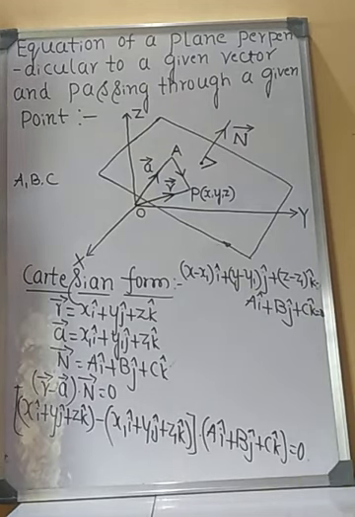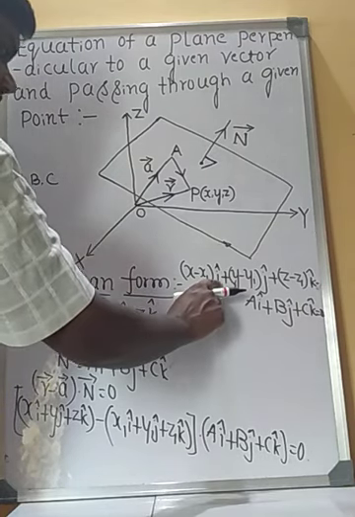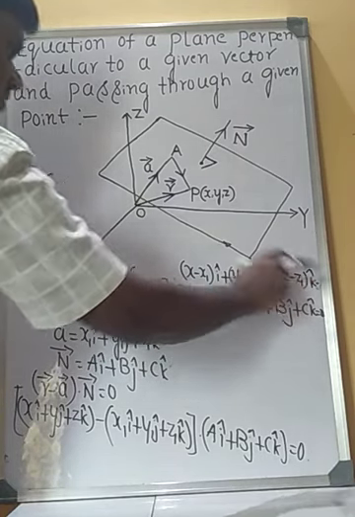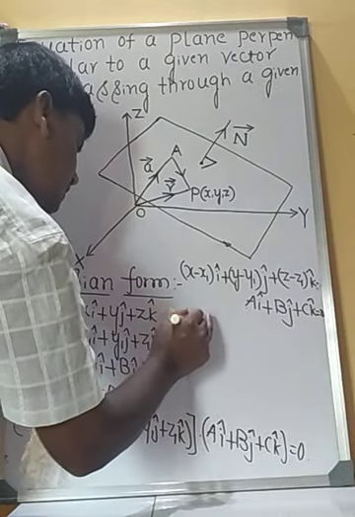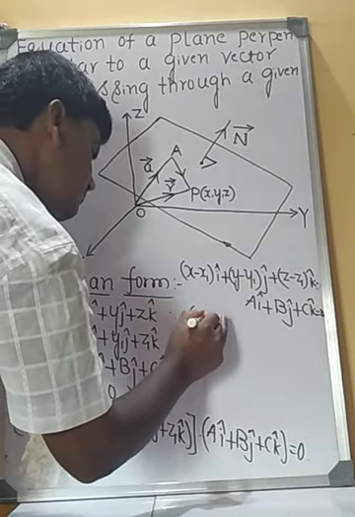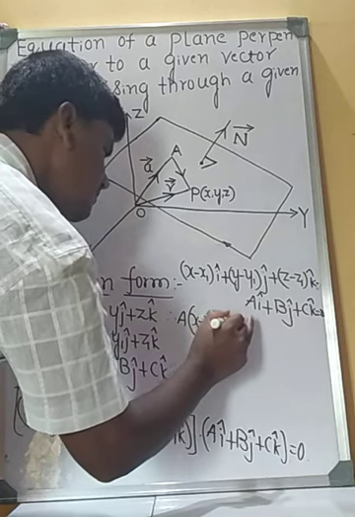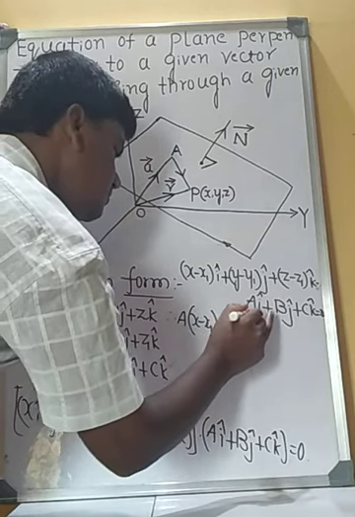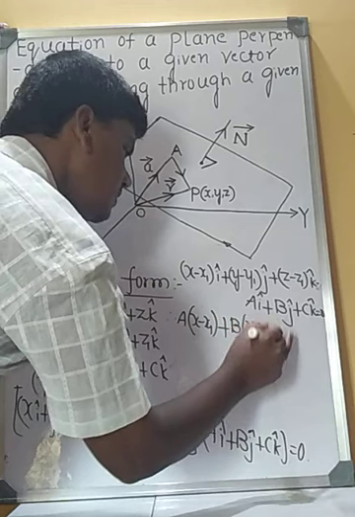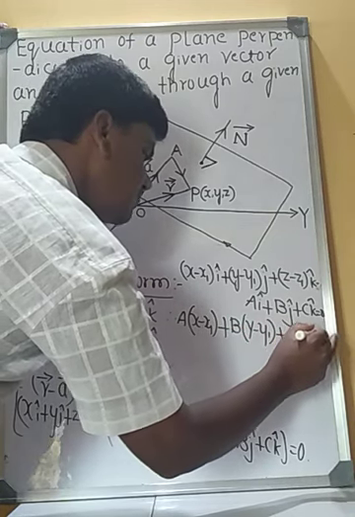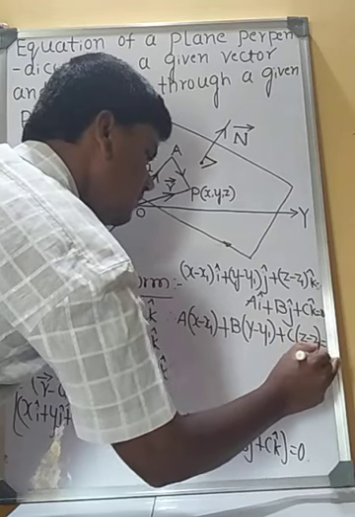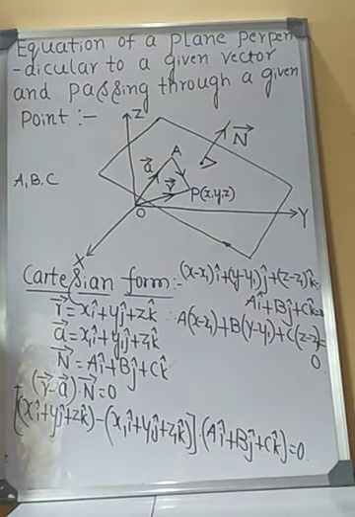Now equating the coefficients of i, j and k, we get a into (x minus x1) plus b into (y minus y1) plus c into (z minus z1) equal to 0.